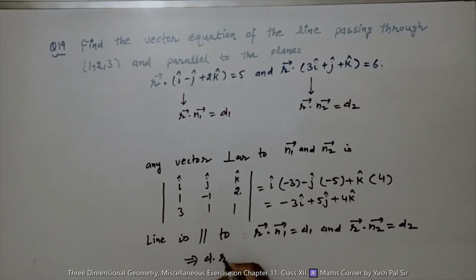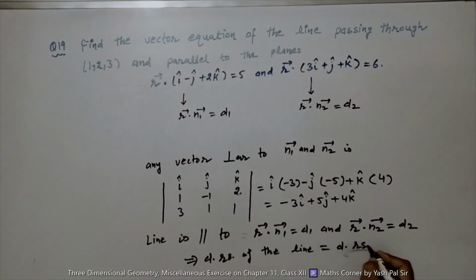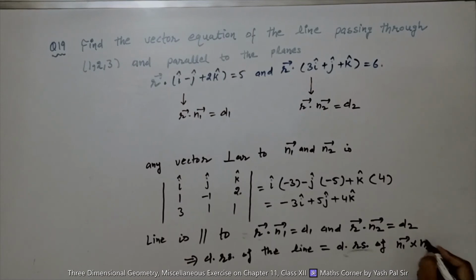This implies the direction ratios of the line are equal to the direction ratios of n1 cross n2, right? So they are -3, 5, 4.